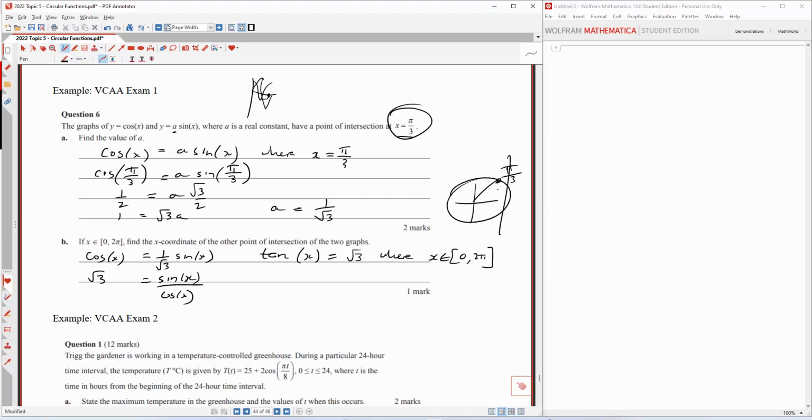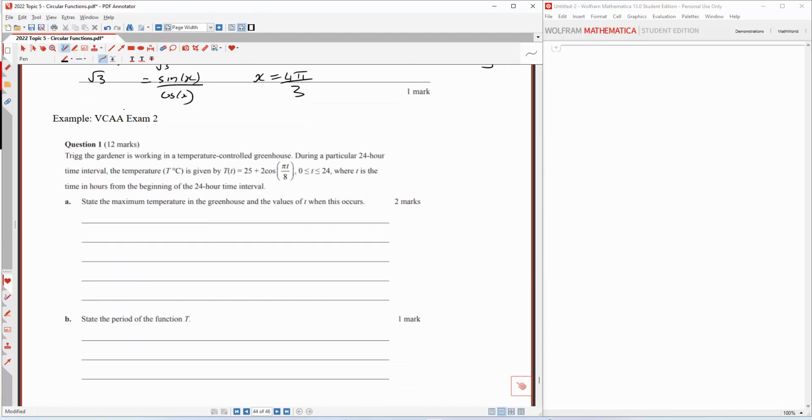So that's the first time tan is equal to root 3, and then it's going to be down here at 4 pi on 3. So we're going to say find the x coordinate, so it's only the x coordinate of the other point of intersection. So x is equal to 4 pi on 3.